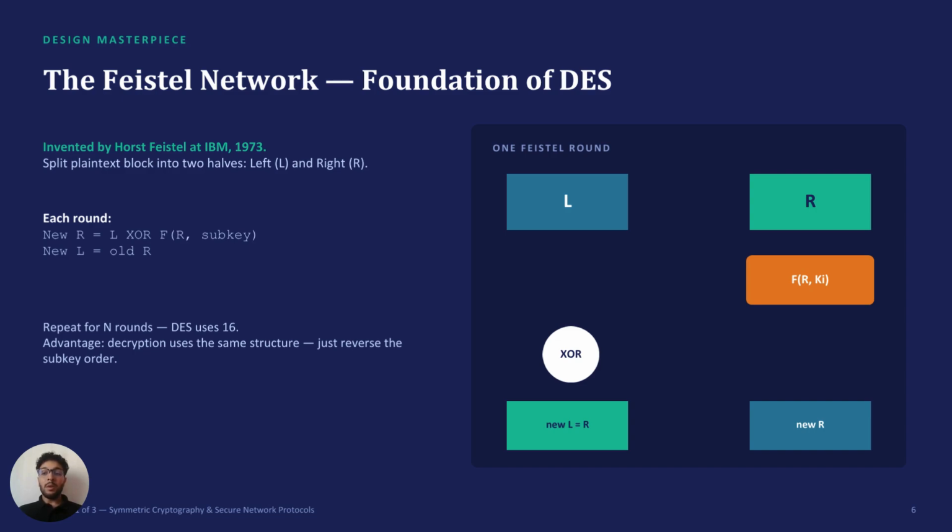In each round, you apply a round function F to the right half combined with the round subkey. The output of F is XORed with the left half to produce the new right half. The old right half simply becomes the new left half. You repeat this for multiple rounds; DES uses 16.